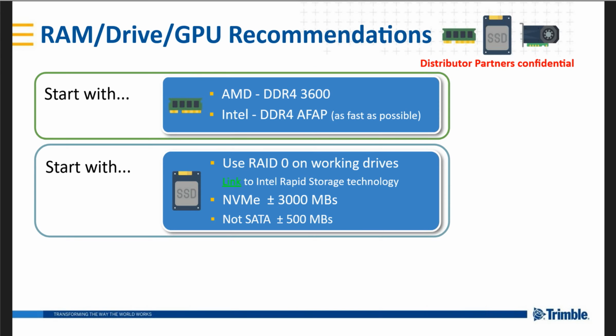This was quite surprising for me. So that's what I learned from the information from our testing group. So we should not go with a SATA SSD drive, more like an NVMe drive if possible, of course.